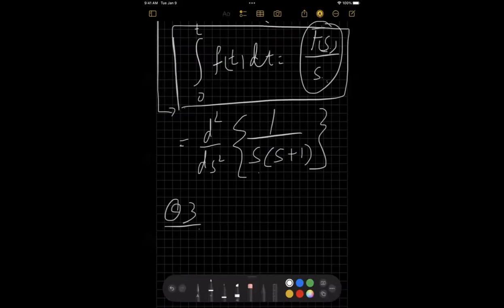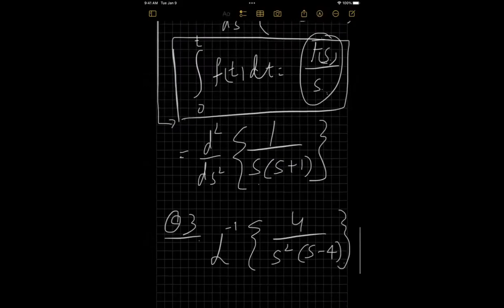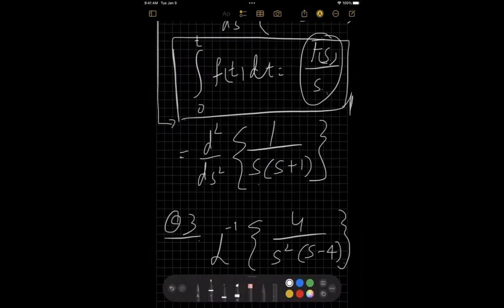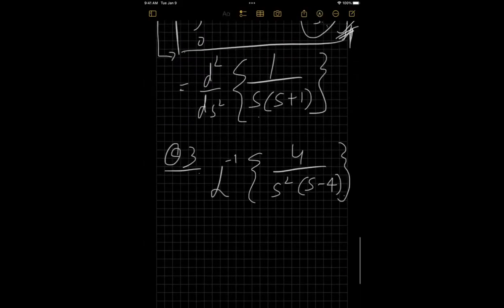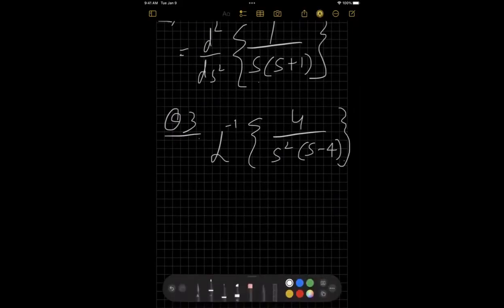Evaluate the inverse Laplace. So this time we have the Laplace inverse of 4 over s square into s minus 4. Again, we will use this one. This is very important. Now in the inverse Laplace, 4 is a constant, so we can take it out: 4 times Laplace inverse of 1 over s square into s minus 4.